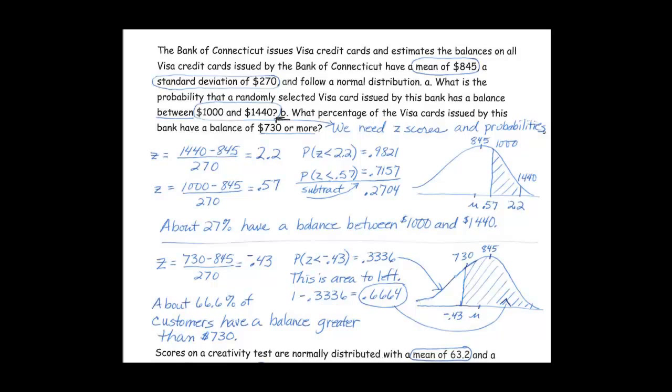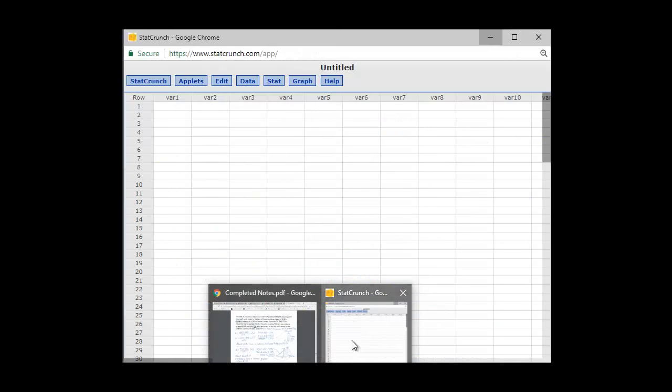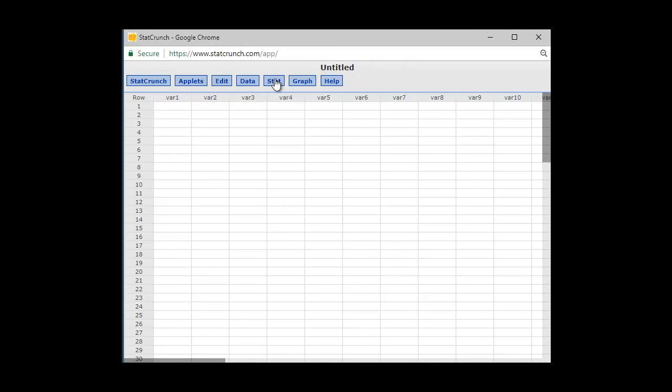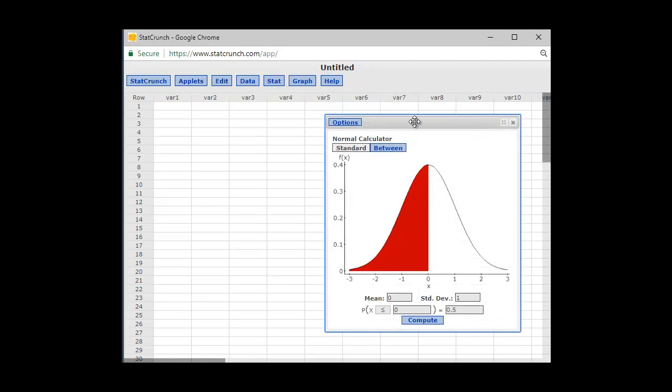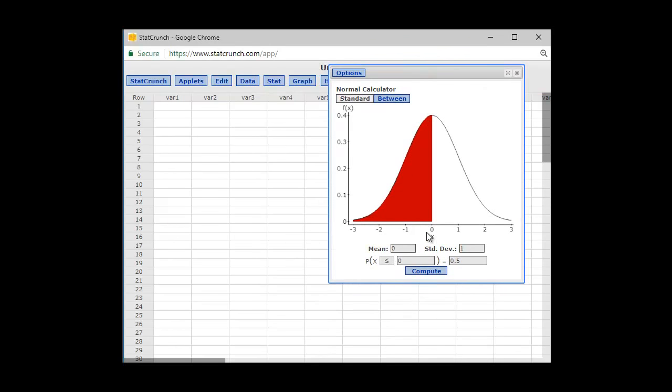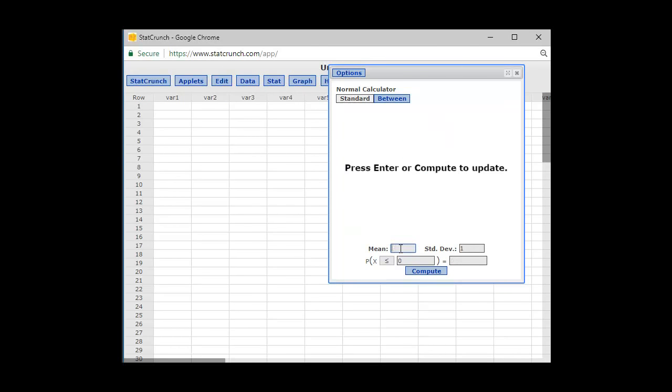I'm hoping that I can do this on StatCrunch for you right now. So when I go into StatCrunch, I'm going to go to Calculators, down to Normal. We get our regular defaults here, but we need to put in our information. We have 845 for the mean, standard deviation of 270.